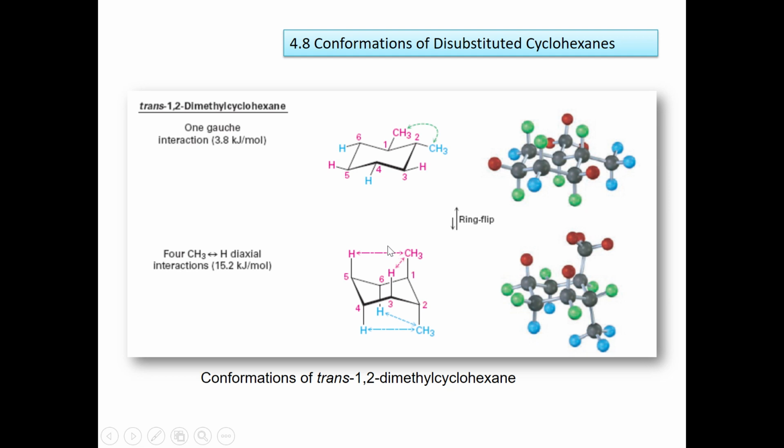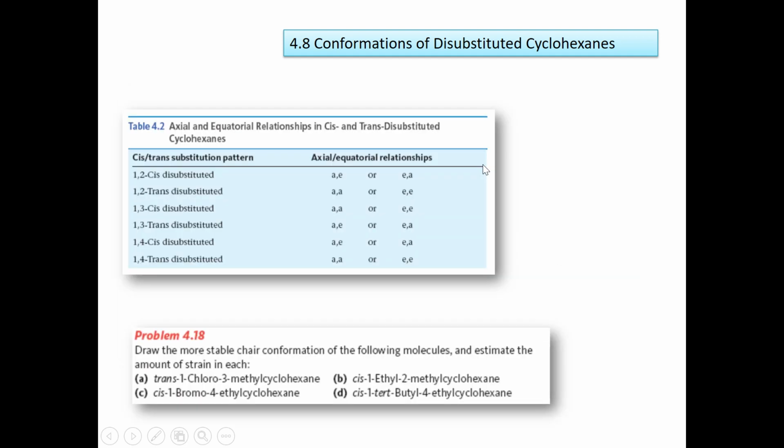Which will be more stable? Obviously the one that has the two substituents in equatorial. Why? Because we don't have 1,3-diaxial interactions. That means this methyl is interacting with this hydrogen, and this one is interacting with this methyl, destabilizing the system. Here, these two methyls are far away from everything.